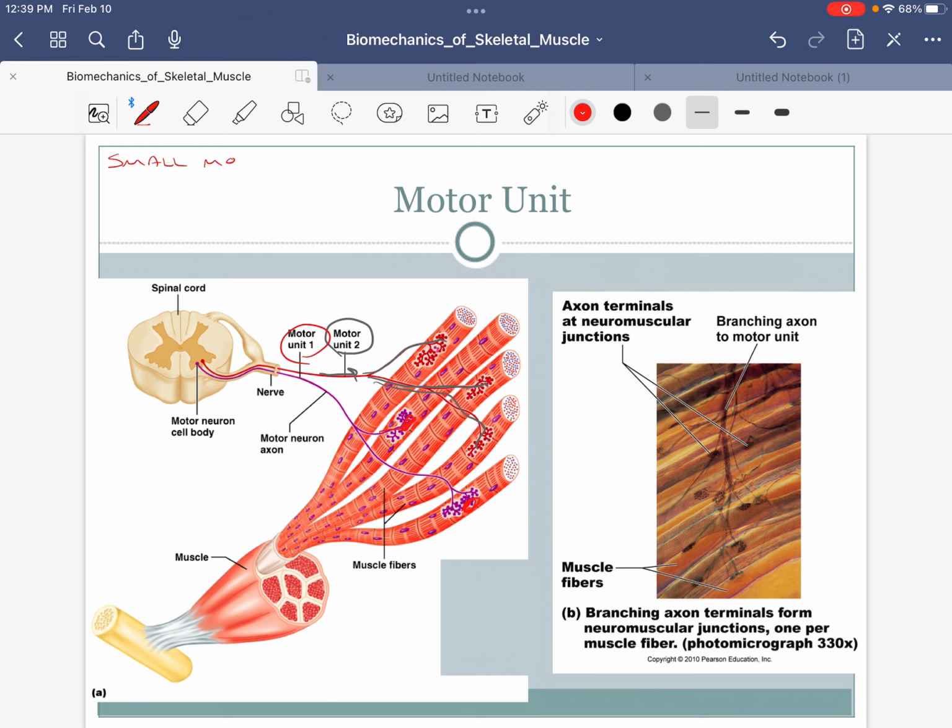For a small motor unit, let's say we have 1 nerve supplying 3 muscle fibers. That's a pretty small motor unit. What type of muscle would benefit from this arrangement? Small muscles of the hands or face. So an example where we might see small motor units would be muscles of the hand.